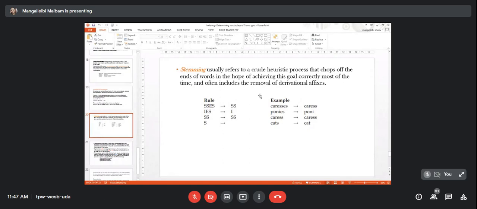For example, in uncomfortable, un is a prefix. When you chop off or remove the derivational affixes, that should not change your meaning. If it changes your meaning, then you cannot perform that. You have to keep this in mind.